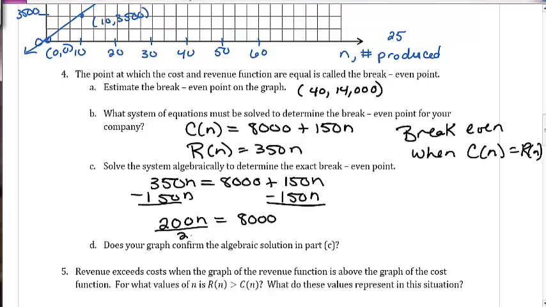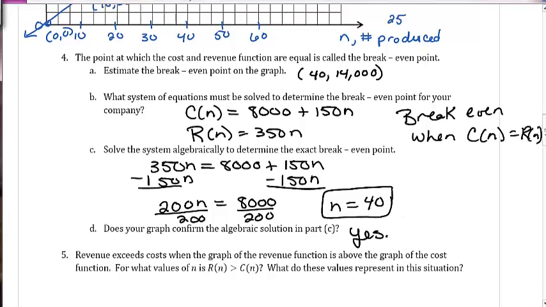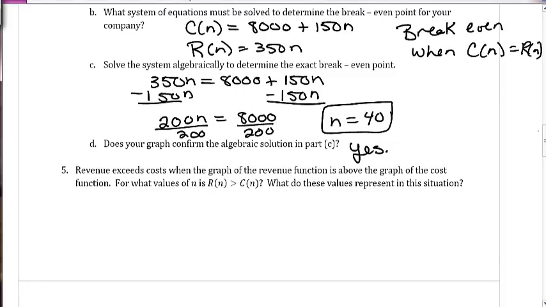And then divide both sides by 200. And that does in fact give us n = 40. Does your graph confirm the algebraic solution in part C? And yes, it does. That was where our two lines intersected.